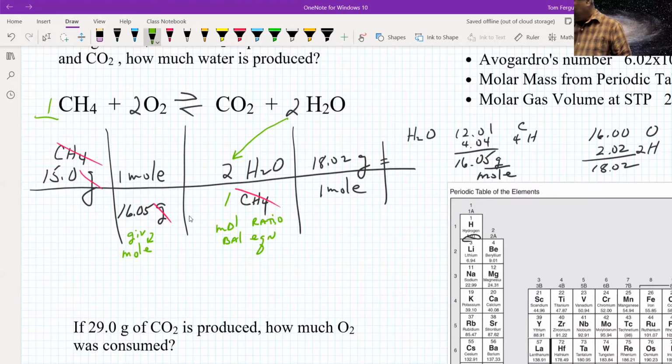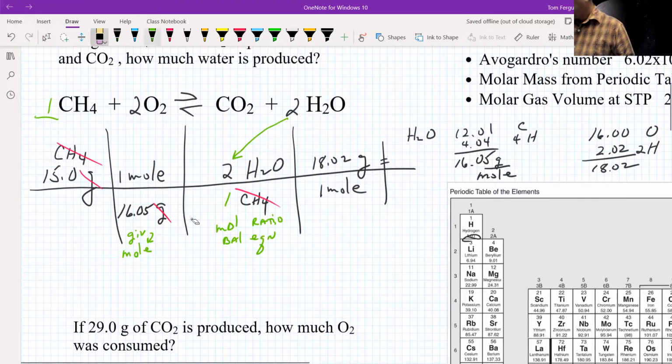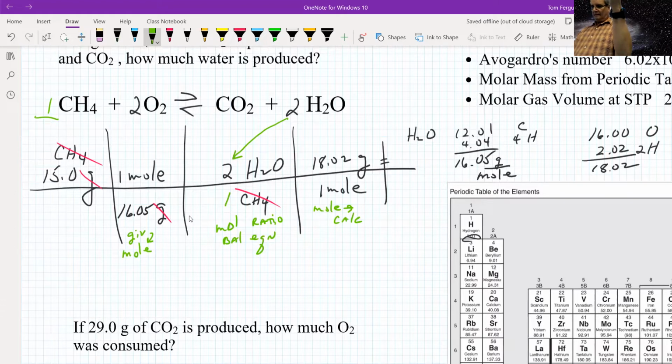Then the last step is to take the calculated mole to what we're trying to calculate. So in this case, given to mole, mole ratio, mole back to calculated. Every single time. Now there may be one other step. If, for example, instead of grams, they wanted kilograms or something like that. But normally there will be 3 steps.